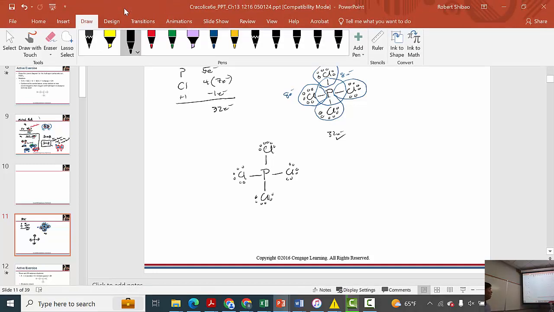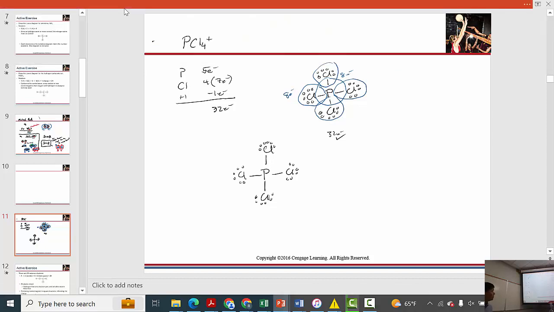Here, rather than circling all the electrons around the atom, we're going to split the bonding electrons in half.